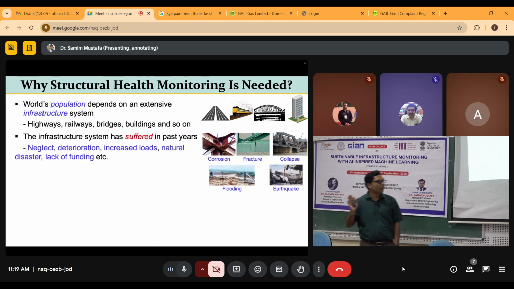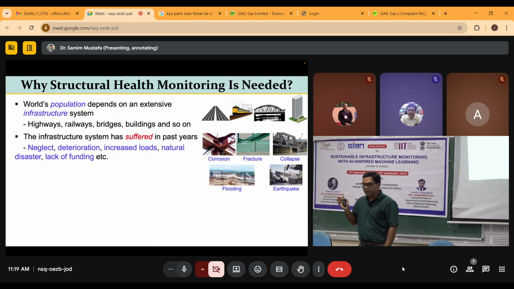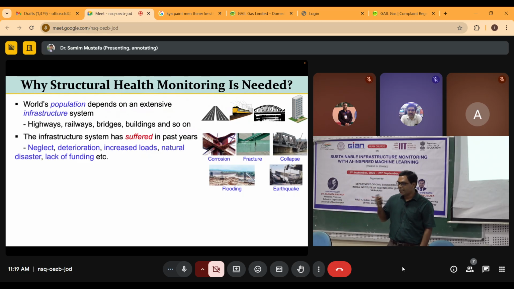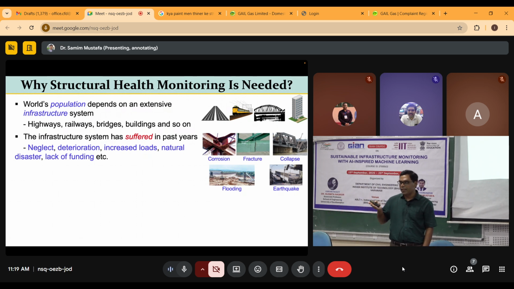So we need not only to preserve that infrastructure but also to enhance its capacity, because day by day the demand on the same infrastructure is increasing, as we are enhancing the traveling speed, for example, and the number of vehicles is increasing day to day. So we need to cater to that demand. We need to enhance the strength of the existing infrastructure.